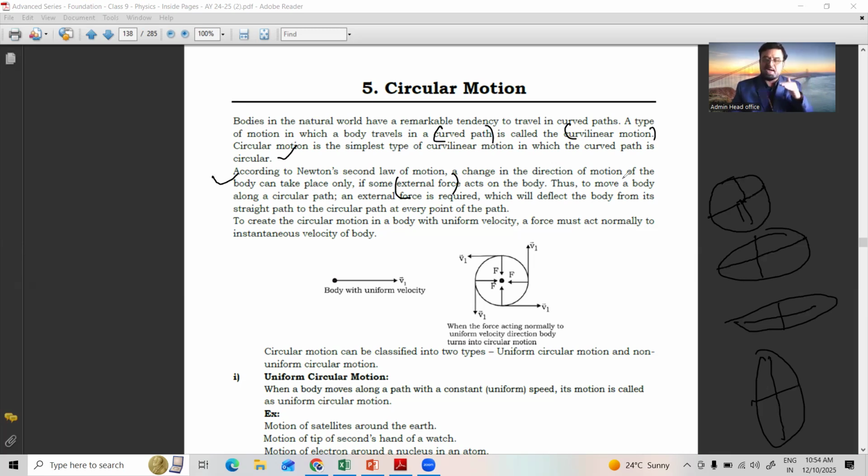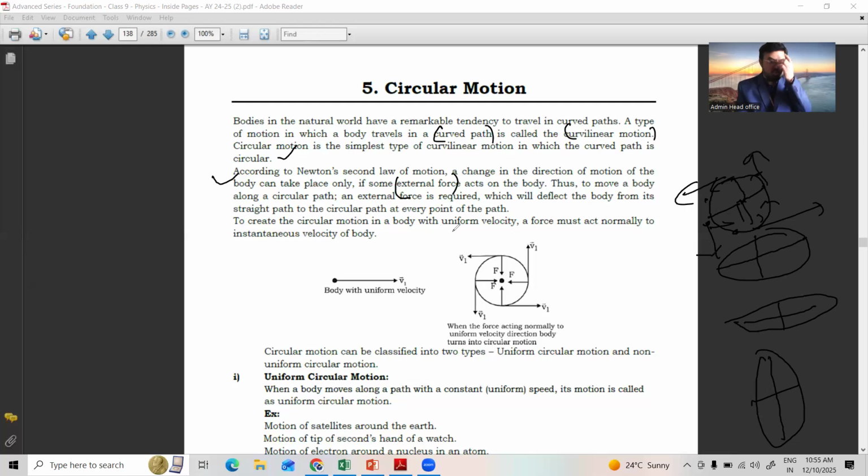So, when a body started moving, the force that acts on the body makes it follow the circular path, which will deflect the body from its straight line path to the circular path at every point. At every point, force is acting and making the body turn. Otherwise, the body would go straight, that is perpendicular.